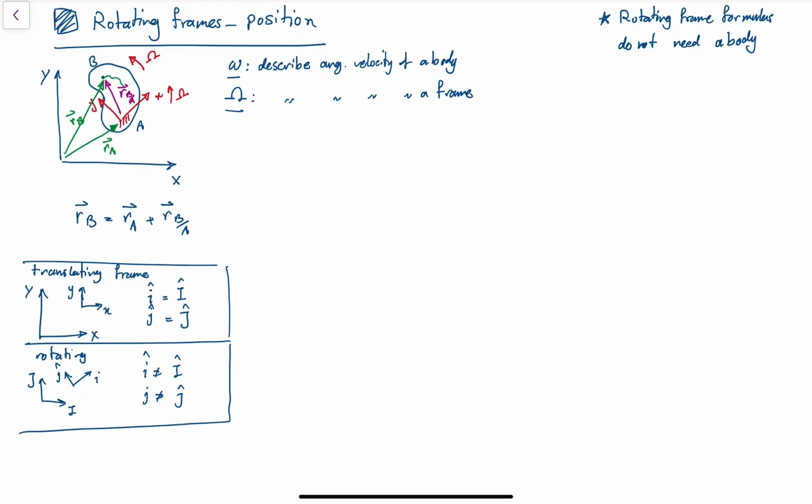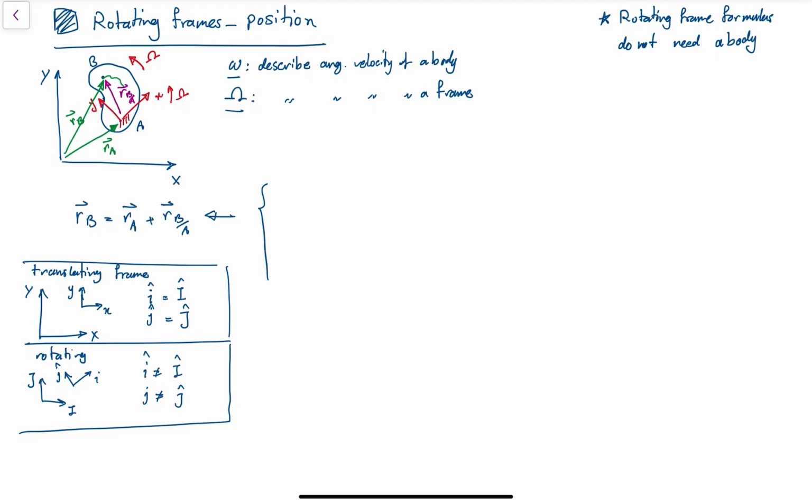So why is it important? Because remember, this equation is a general vector equation. However, for all practical reasons, you need to write these equations in terms of some numbers. And those numbers are usually the coefficients of the vector along your coordinate frame. And here you have a choice. And that is an important one.